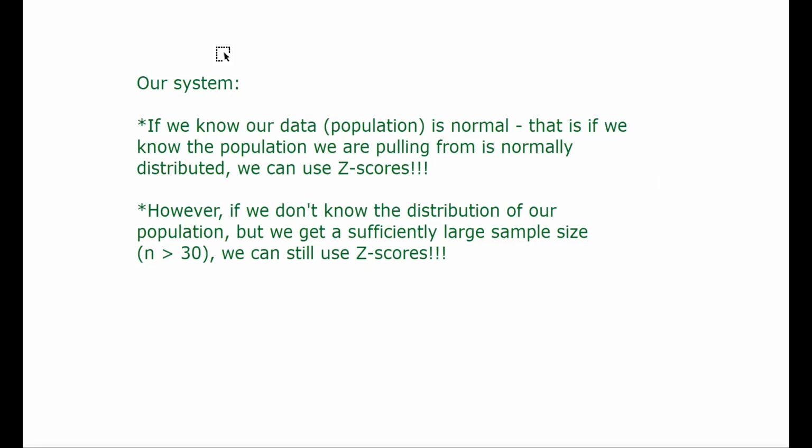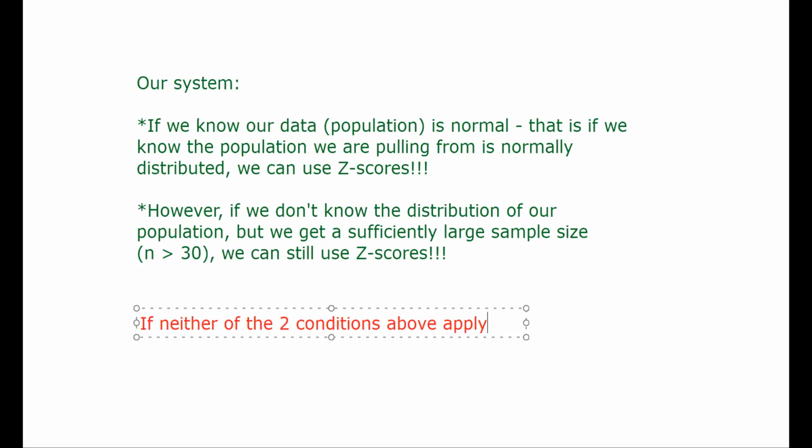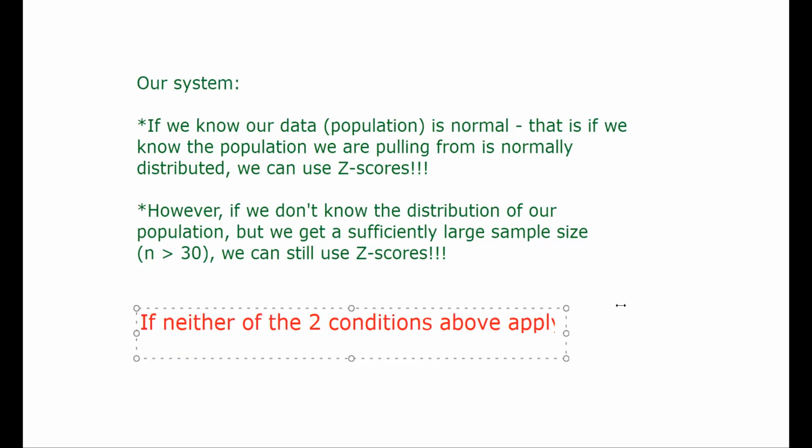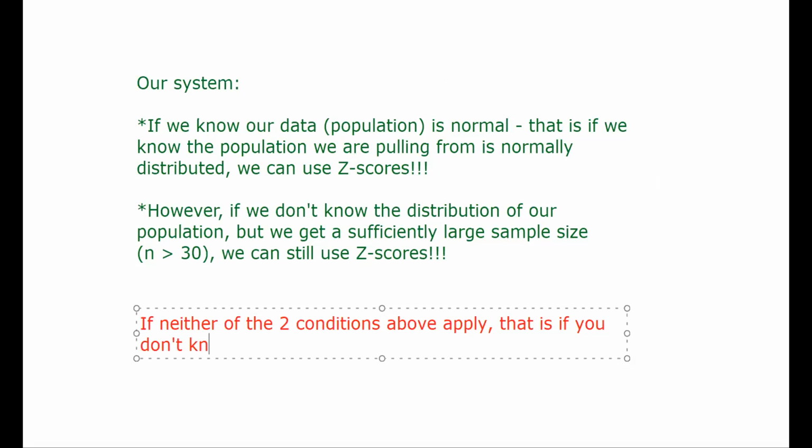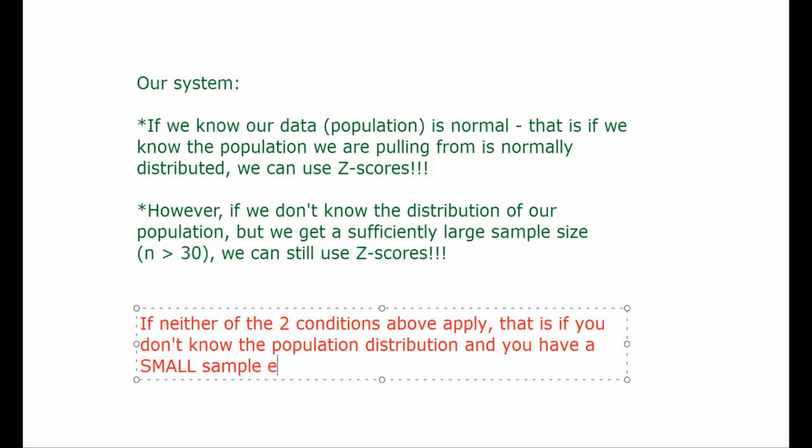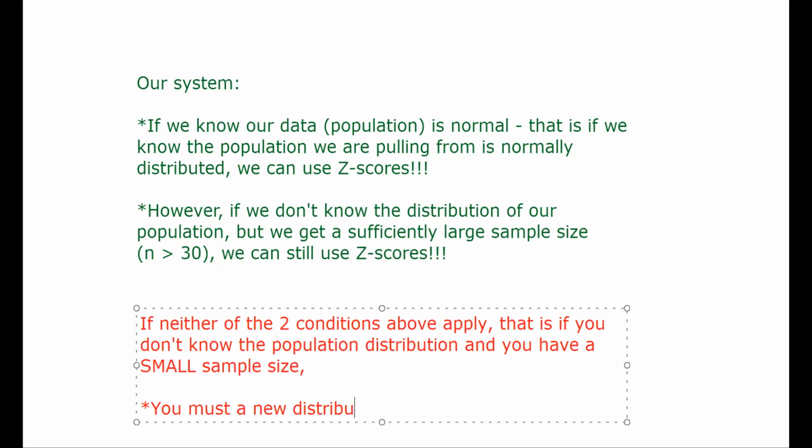But there's a little problem. If neither of the two conditions above apply, that is, if you don't know the population distribution and you have a small sample size, you must use a new distribution called the t-distribution.